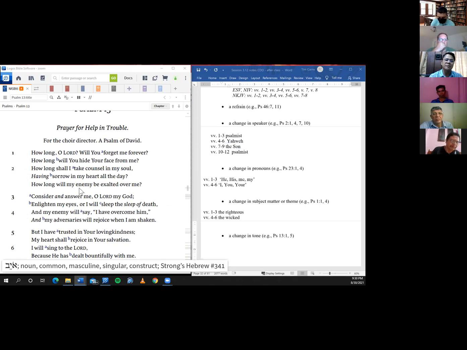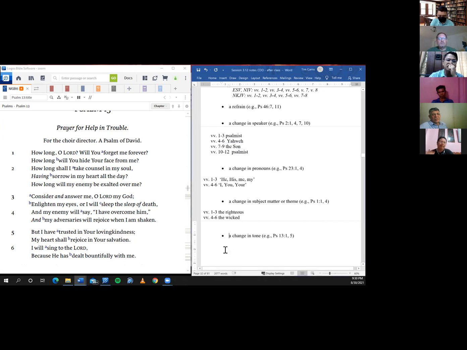Consider and answer me, O Lord my God. Enlighten my eyes, for I will sleep the sleep of death, and my enemy will say, I have overcome him, and my adversaries will rejoice when I am shaken. But I have trusted in your loving kindness. My heart shall rejoice in your salvation. I will sing to the Lord because he has dealt bountifully with me.